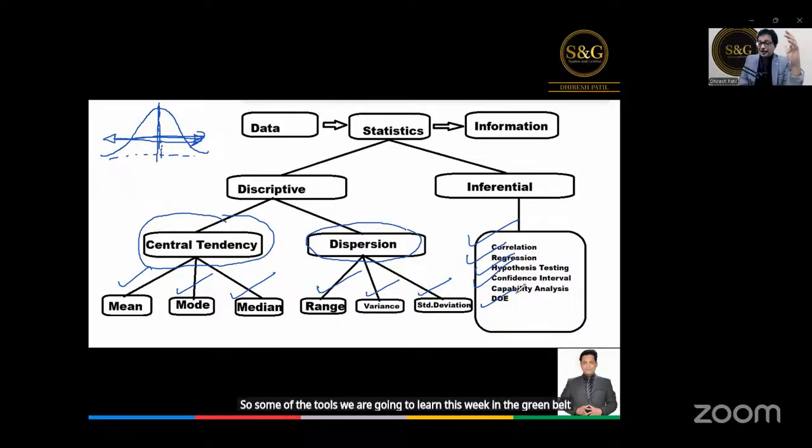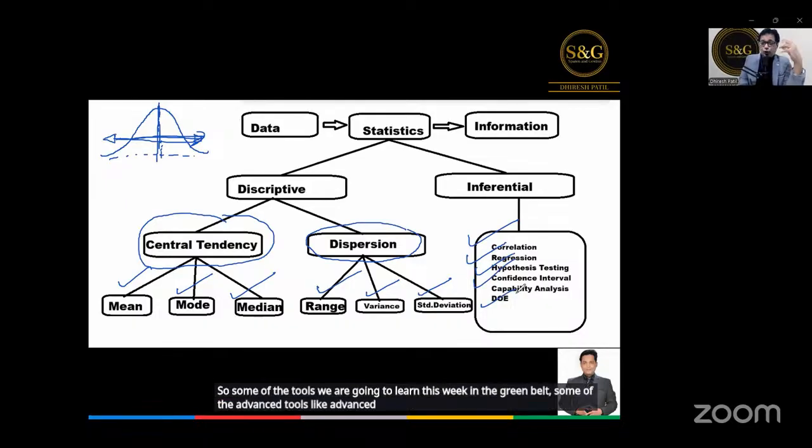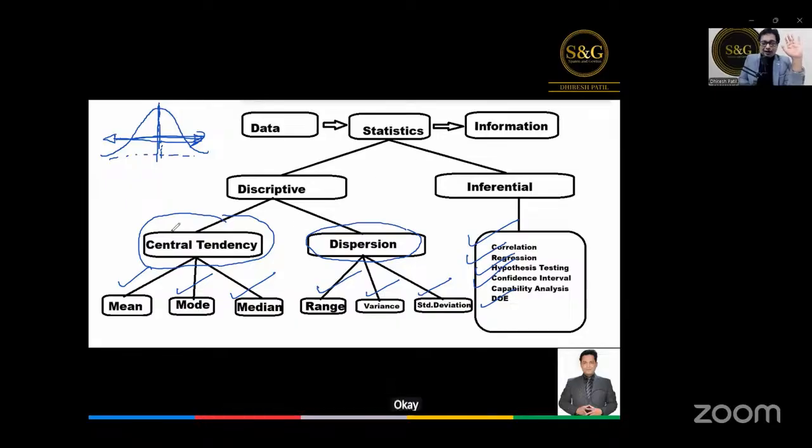Some of the advanced tools like advanced hypothesis, regression, correlation, design of experimentation, we will learn next week in the black belt hackathon. So today we will cover central tendency and dispersion and close the session today. The regression, correlation, hypothesis we will cover tomorrow. Clear everybody? Just take a screenshot of this.